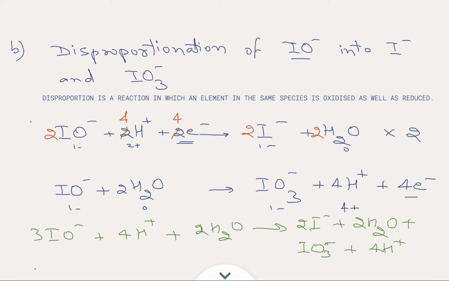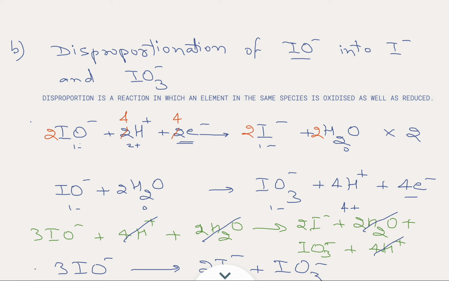Now you can see that there is 4H plus here and 4H plus here also. So therefore we can cancel these two, and also you can see that there are 2 water here and 2 water on the right hand side also. So therefore the overall equation then becomes 3IO minus, giving us 2I minus plus IO3 minus.